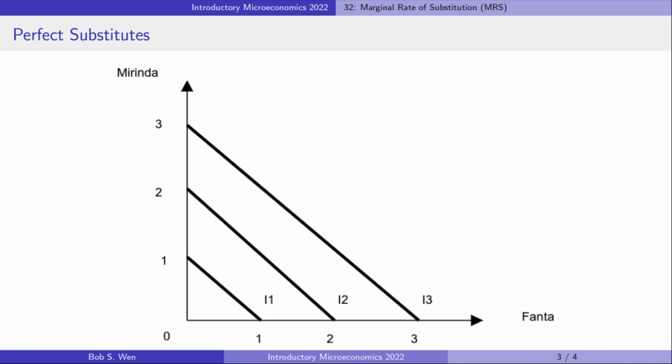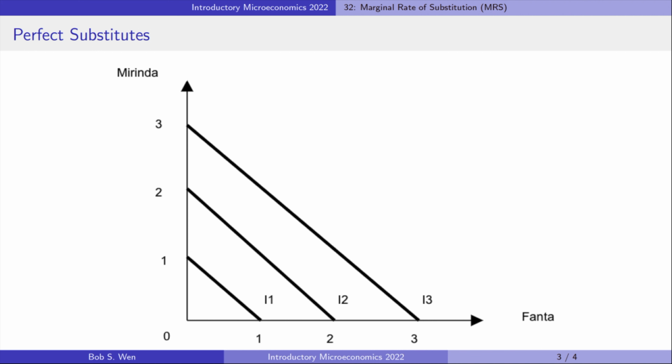When the 2 goods are perfect substitutes, the indifference curve is a straight line. Perfect substitutes are goods between which a consumer is completely indifferent as to which to consume. It happens when the consumer cannot tell the difference in the functionality between the 2 goods.